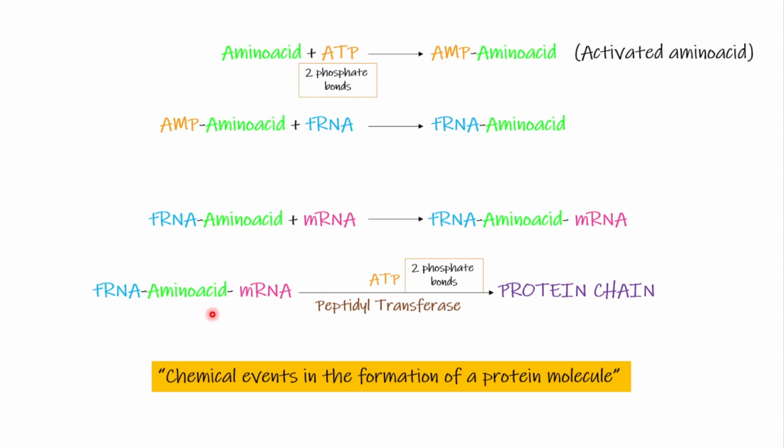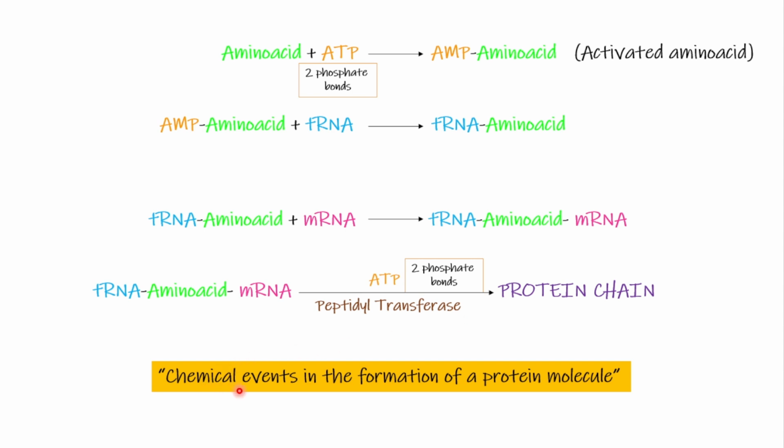Now in this process, where the amino acids are being transferred by the transfer RNA and are present on the messenger RNA, there again ATP will come and will give its two high energy phosphate bonds, and then the amino acid will form a bond with the other amino acid and form the protein chain. And this final step is facilitated by peptidyl transferase, which is an enzyme.